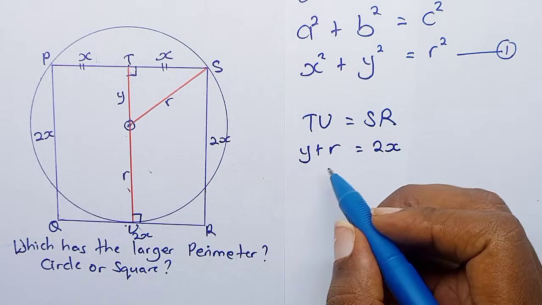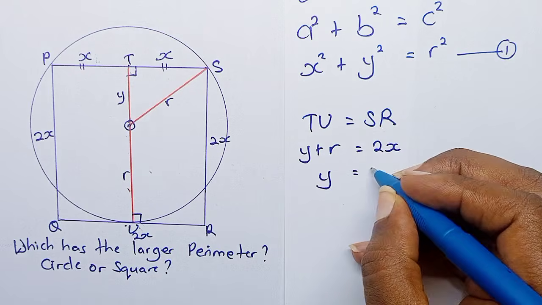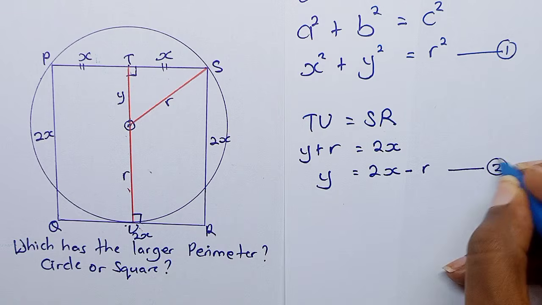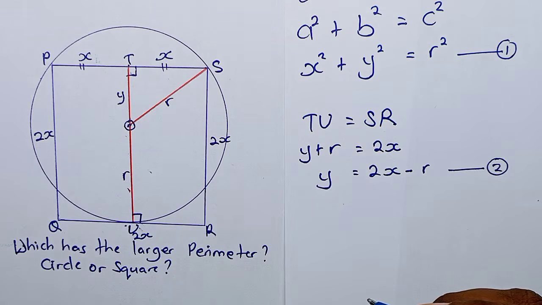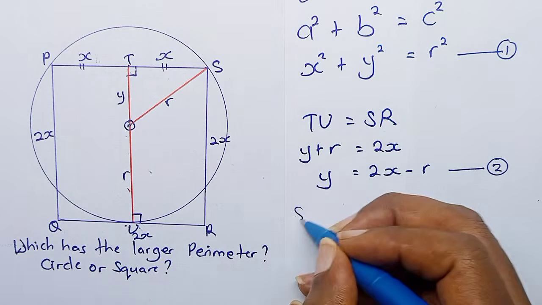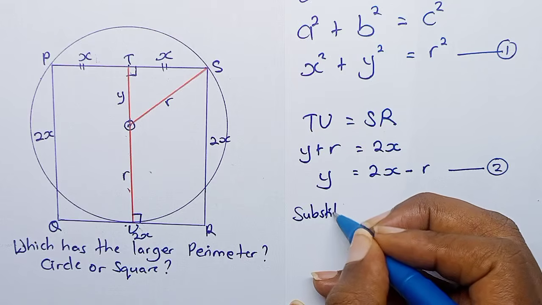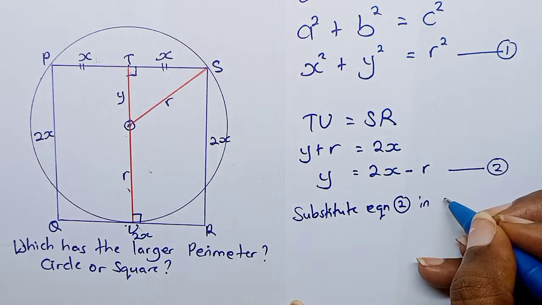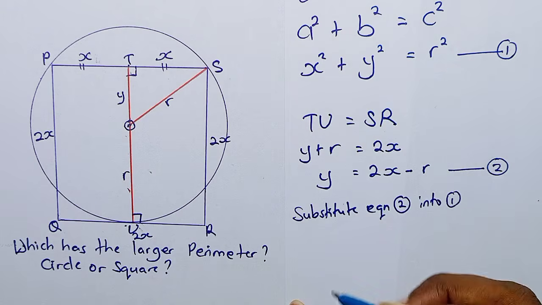So let's make Y the subject here. Y will be equal to 2X minus R. Let's call this equation 2. Now let's substitute equation 2 into equation 1.